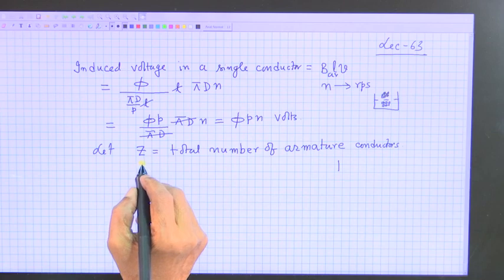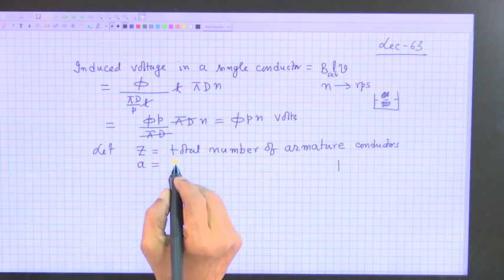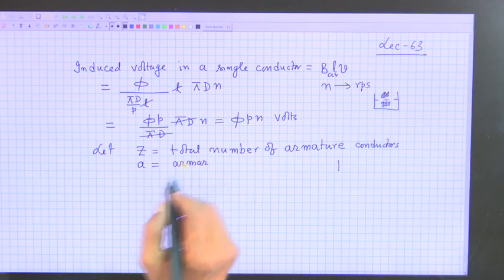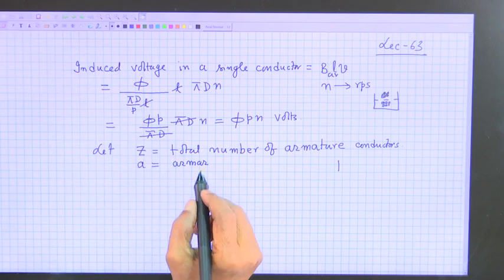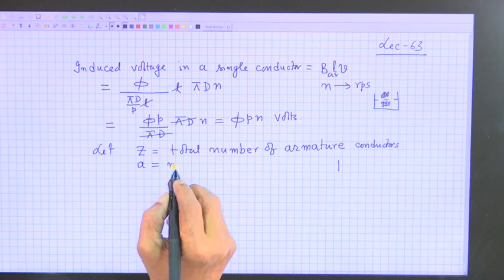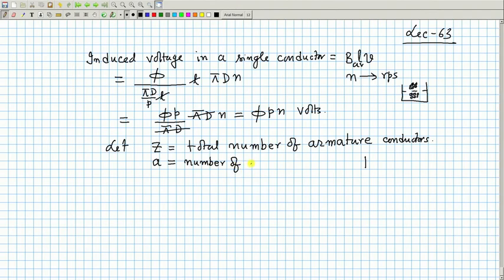Let this, and also this thing I have defined, A be the number of parallel paths in the armature, that is good English, number of parallel paths in the armature circuit, that is between the brushes.